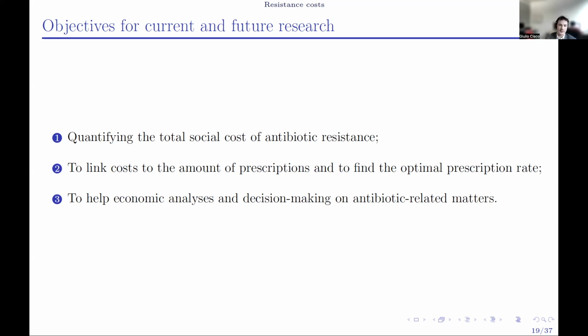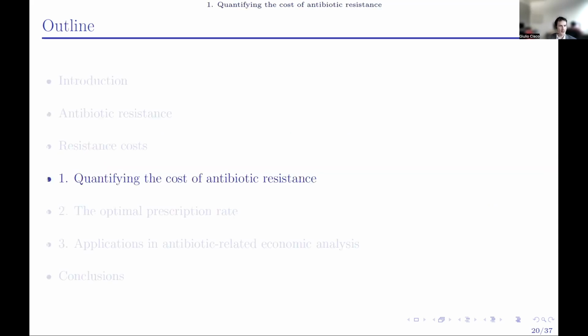Optimal in the sense that it is the prescription rate that minimizes the cost. And once we have these two figures, the one about the cost and the one about the optimal rate, we can apply these findings in decision making and in general in public health decisions about antibiotics treatment.